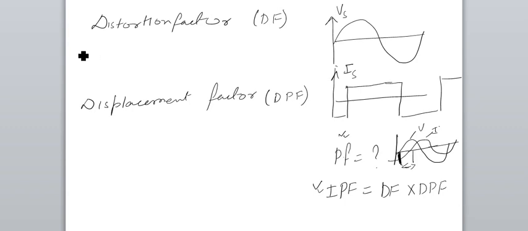So let us discuss what distortion factor is. The distortion factor is the ratio of the fundamental RMS source current to the RMS source current. Fundamental means n equal to 1.